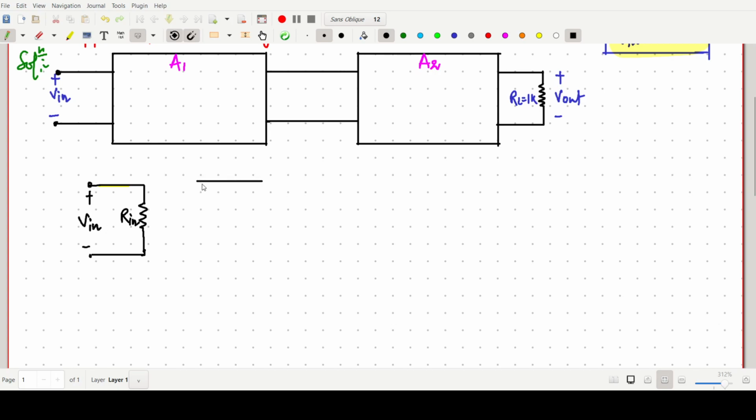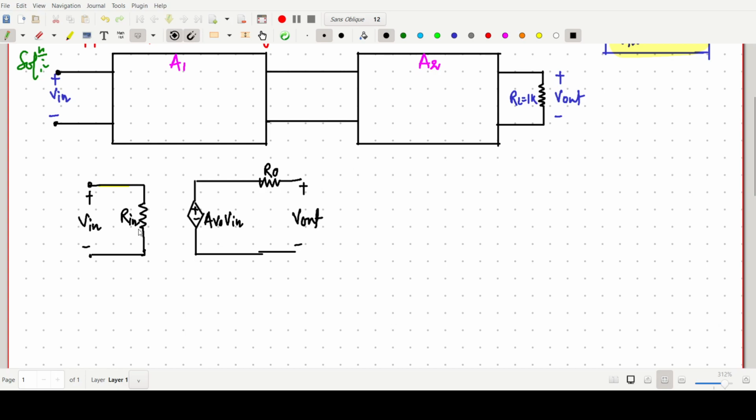We are making the equivalent circuit of a voltage amplifier, because in our case the given things are the open loop voltage gain, so we can write AV naught into V in here, and one resistance. This one is our R naught, and this one is the V output.